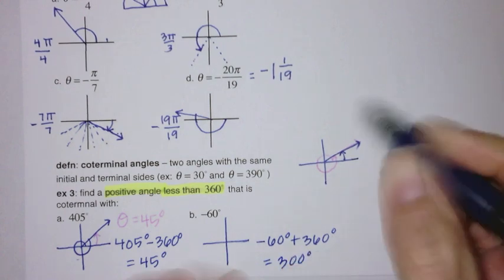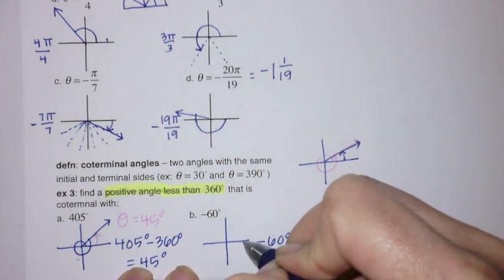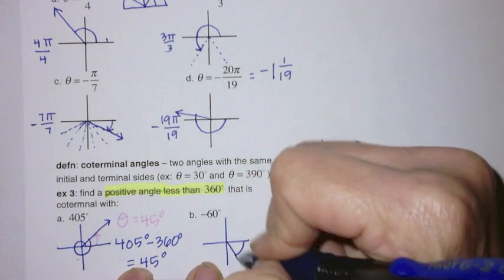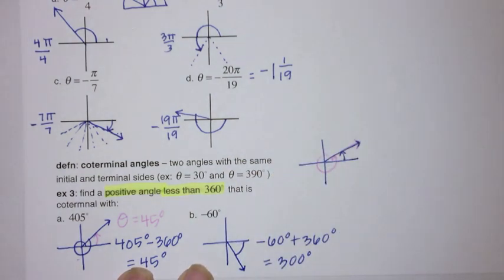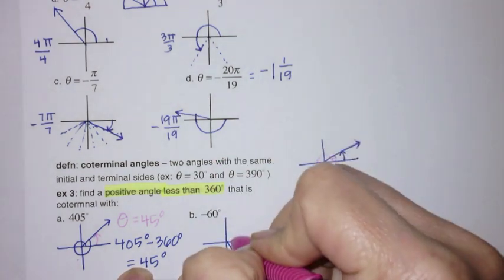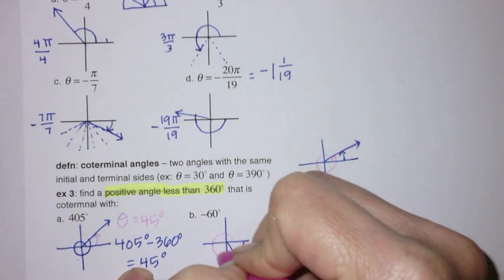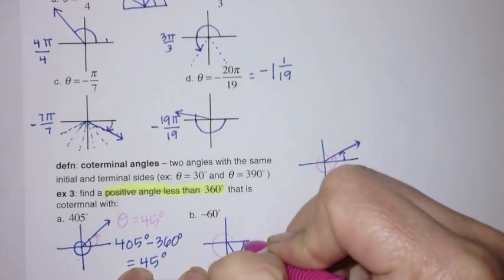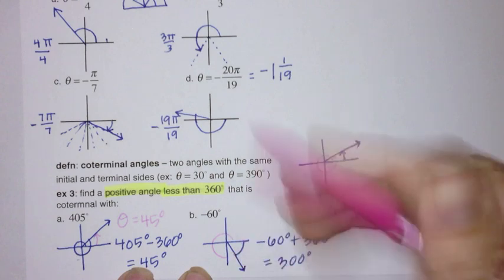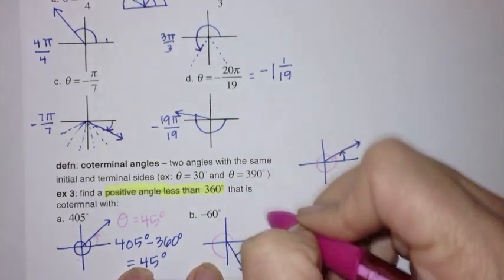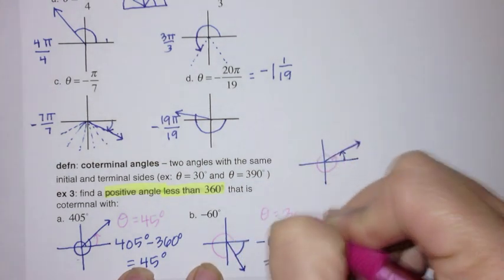But like I said, I really like to graph these, so negative 60 degrees is right there. And instead of going in the negative direction, I could just go 90, 180, 270. If this is 60 degrees, then that little sliver is 30, so 270 plus 30 is 300 degrees.